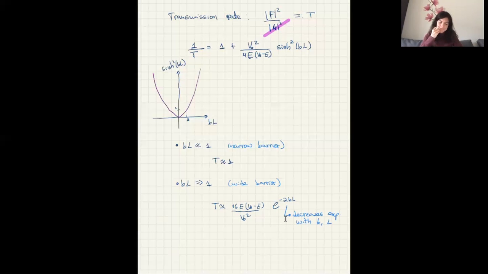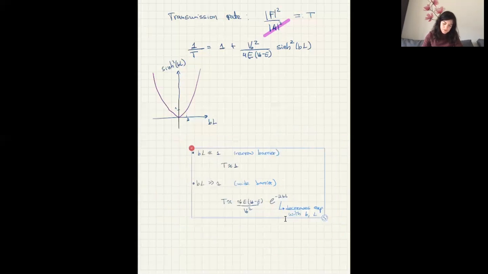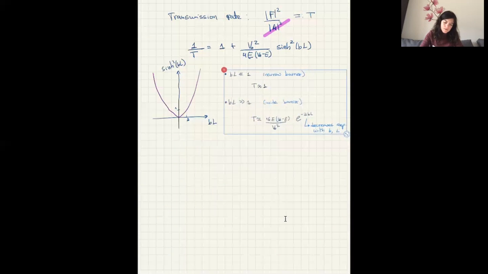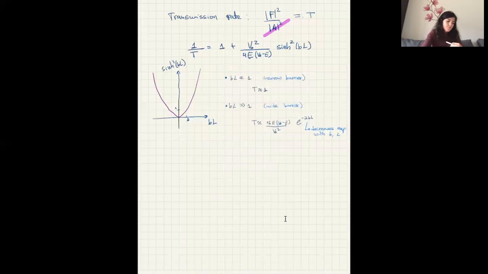So what is BL? Let's try to get some idea of the orders of magnitude of things here. So what was B? B was just this constant, which I'll write here in a different way: square root of mu, square root of V0 minus E, and here L. And now let me just give you an idea of the orders of magnitude of this thing.